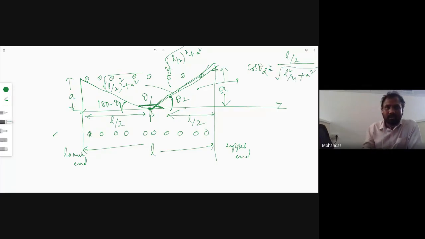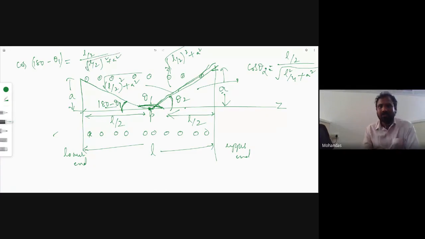What about this? If you take this right angle triangle, you have to take cos of 180 minus theta 1. Tell me what is cos of 180 minus theta 1 from this diagram? Again, L by 2 divided by the square root of L by 2 whole square plus A square. Okay, so cos of 180 minus theta 1 equal to what?